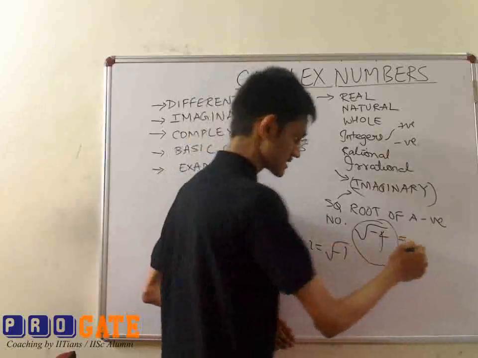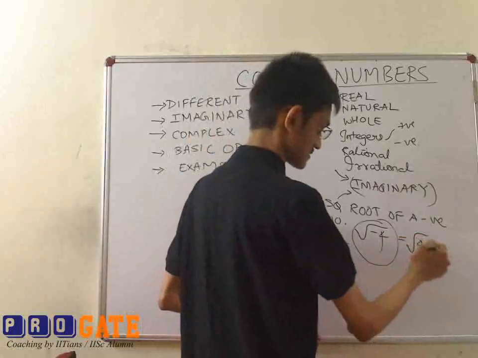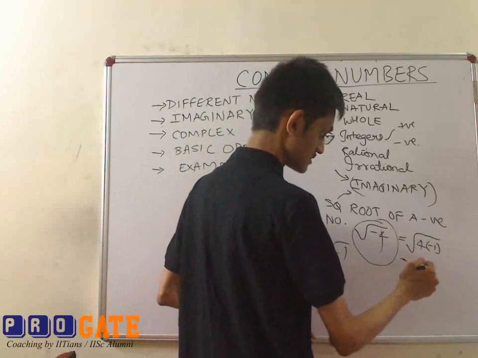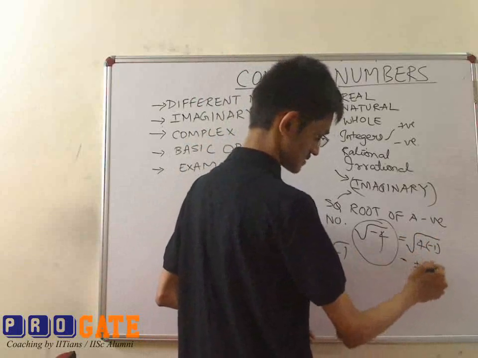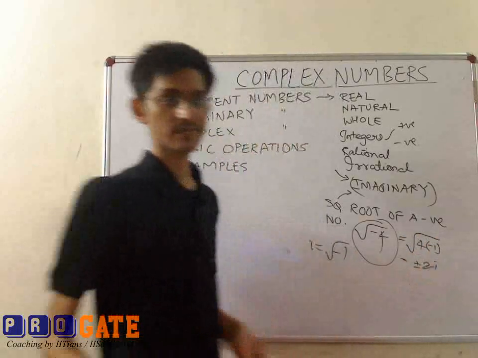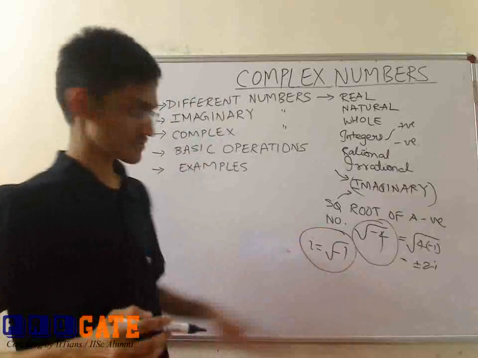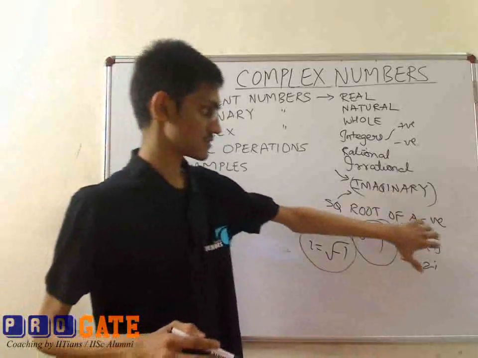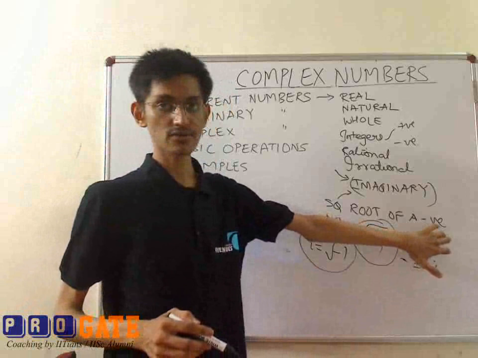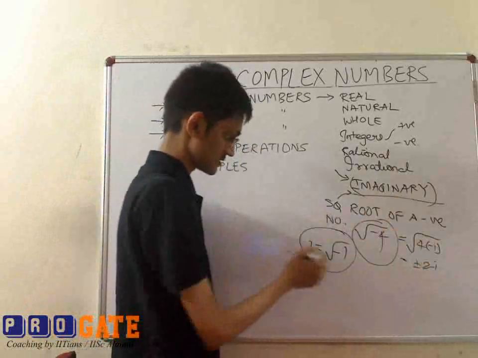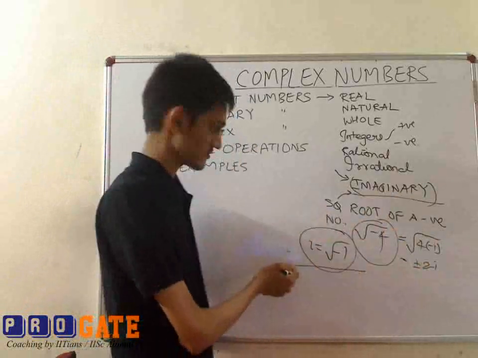So this would be then written as plus or minus 2i. So in this way, i equal to square root of -1 helps you to go about solving a numerical with the square root of a negative number. So imaginary number is defined as i equal to square root of -1.